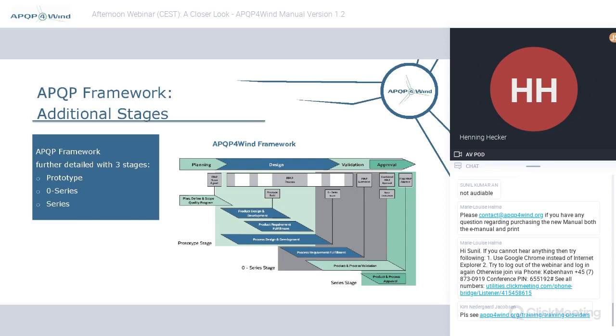You can see on the border between the prototype and the O-series stage that there is supposed to be a due date by which a product can ripen, meaning it can be developed to a certain point, and when it reaches that level, it goes over to the next phase. This was important for us to add to this diagram.